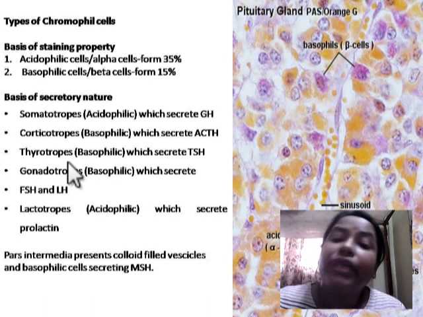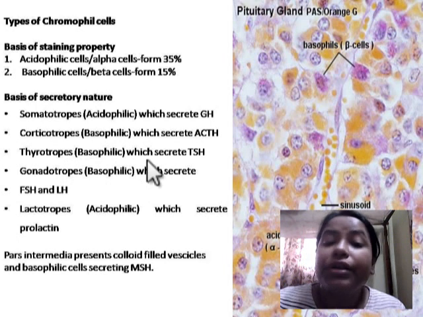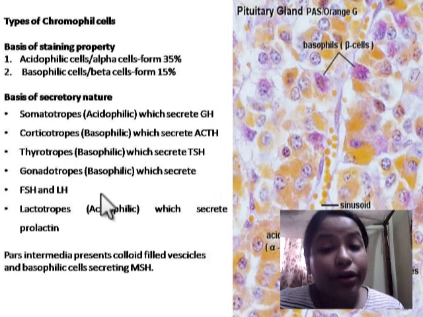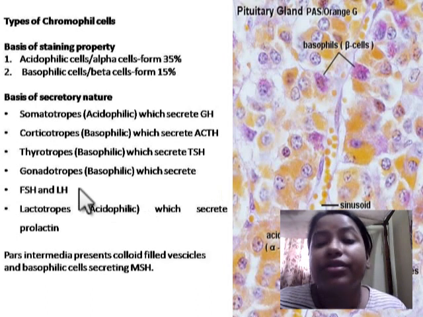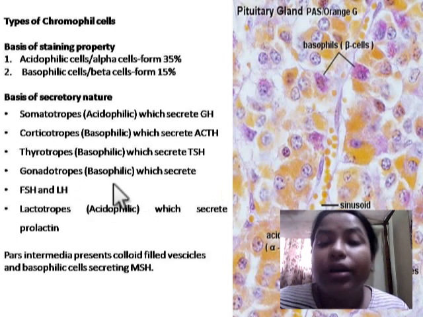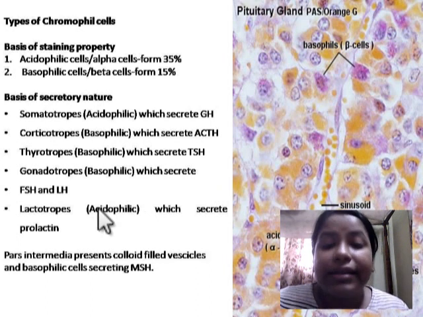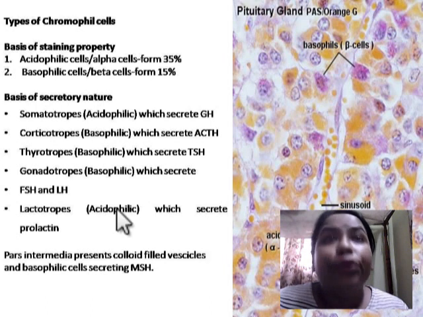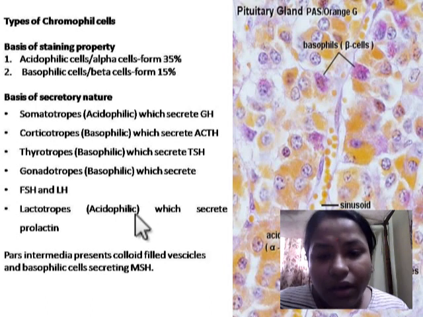Then thyrotropes that are also basophilic in nature, which secrete thyroid stimulating hormone. Then gonadotropes that are basophilic in nature, which secrete follicle stimulating hormone and luteinizing hormone. And again the lactotropes, which are acidophilic in nature and secrete prolactin hormone.